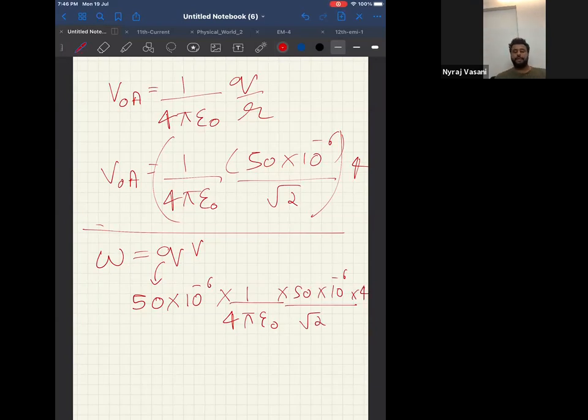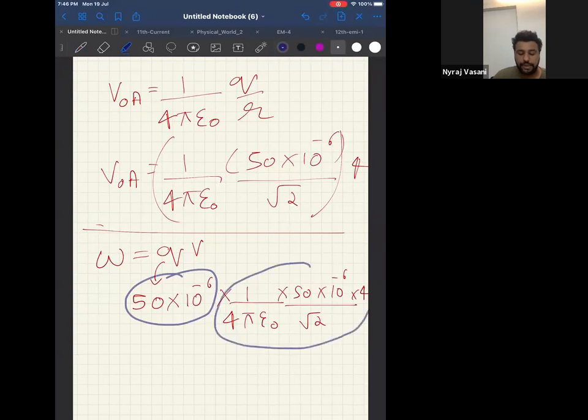Now solve this and tell me whether you're getting the answer. Please once look at the screen again. This is my charge Q, which is given in the question. This is the total potential at the center, which I got using the potential formula. Now tell me what is the formula for.